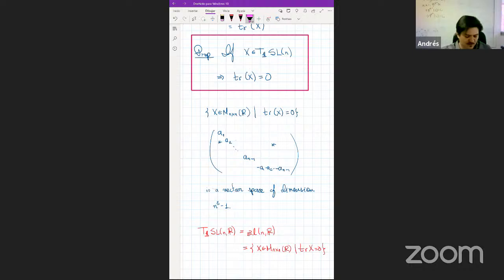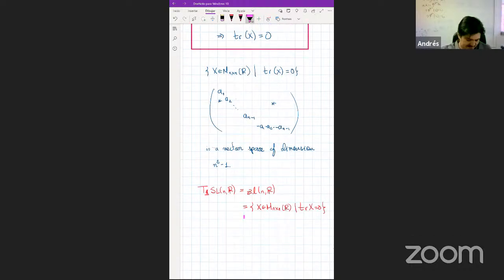If you say that we didn't compute the dimension, then we will work it out. But it is precisely n squared minus 1. And that vector space is this one here. Okay?